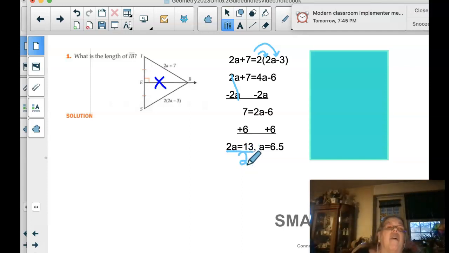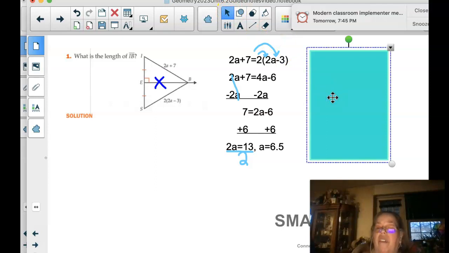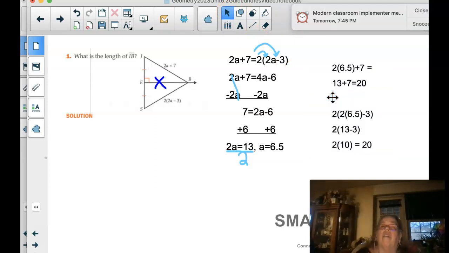Now, did I answer the question? I did not. I want to know the length of JB or IB. I want to know the length of this guy. So to do that, I have to plug it in, and I took the liberty of plugging it in for us. 2 times 6.5 plus 7. 6.5 times 2 is 13, and 13 plus 7 is 20.